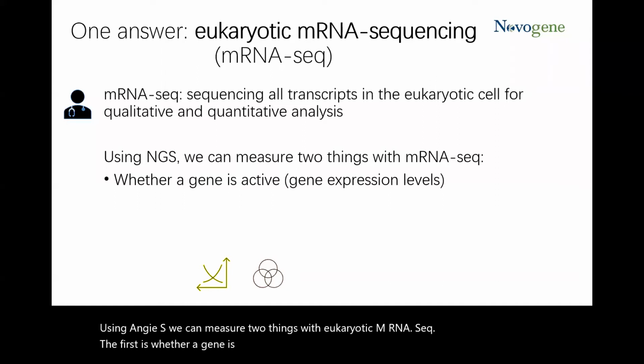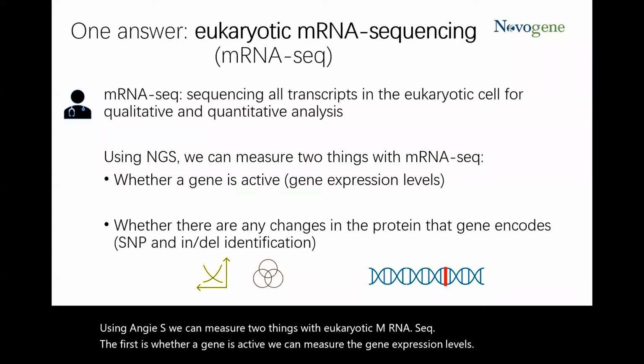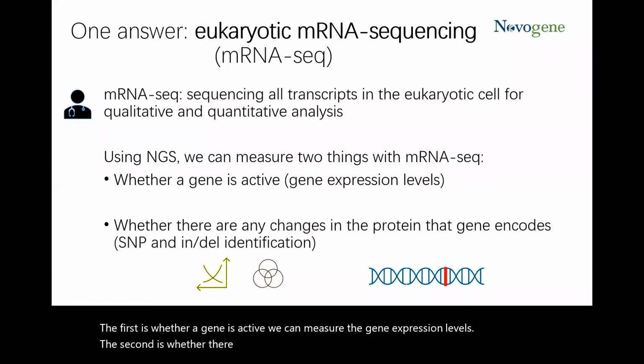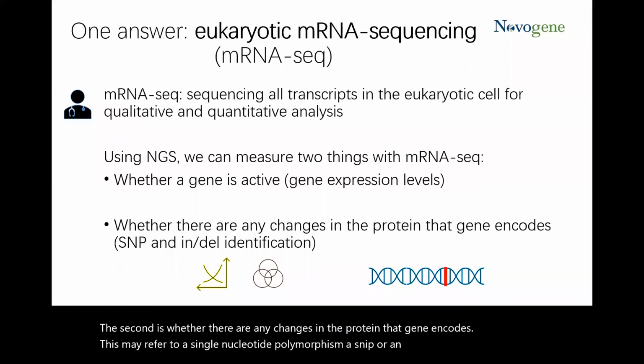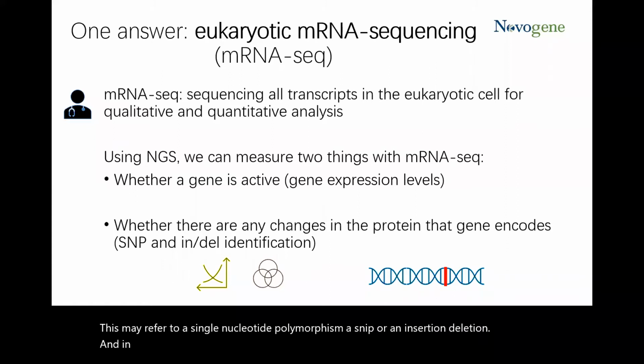We can measure the gene expression levels. The second is whether there are any changes in the protein that gene encodes. This may refer to a single nucleotide polymorphism, a SNP, or an insertion deletion, an indel, or even a structural variant or an alternative splice variant.